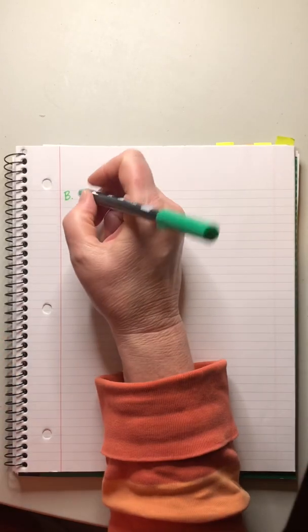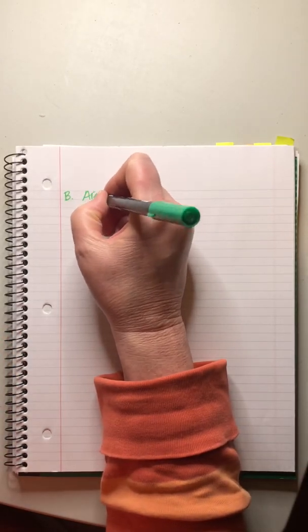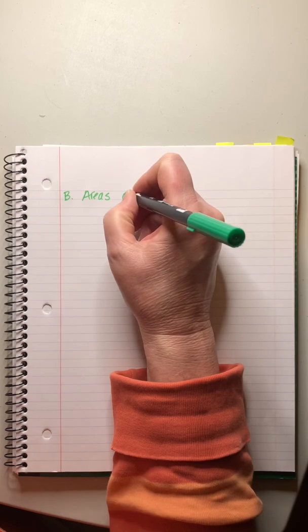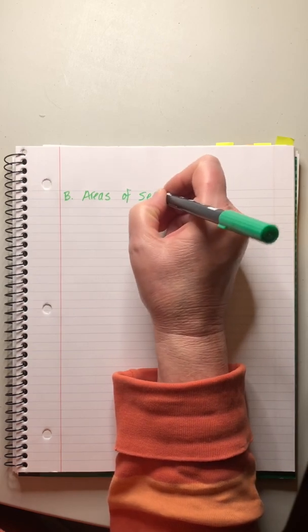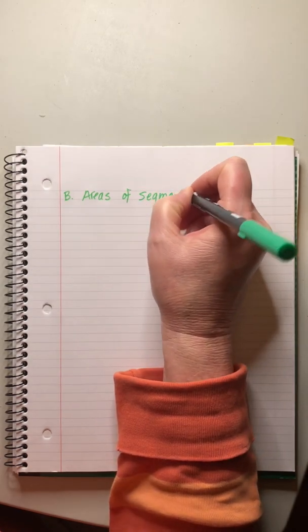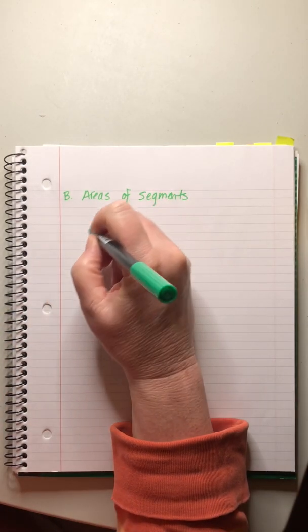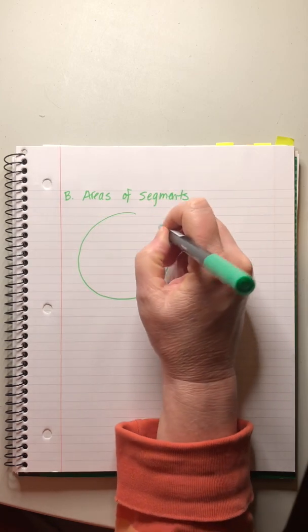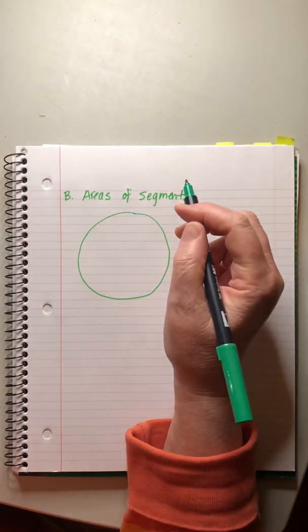All right, part B. Areas of segments. This is one like the other one where it's not that hard, it's just a tiny bit tricky. Okay, what we've got here, we're talking about segments, circles.